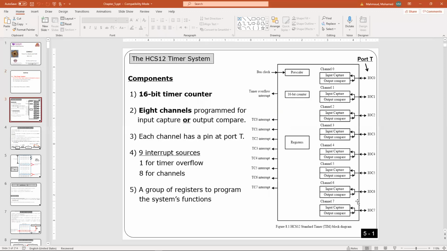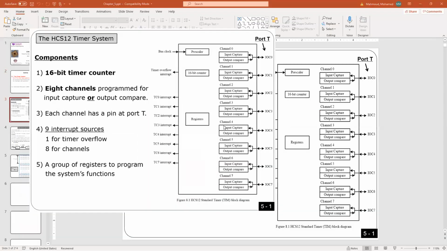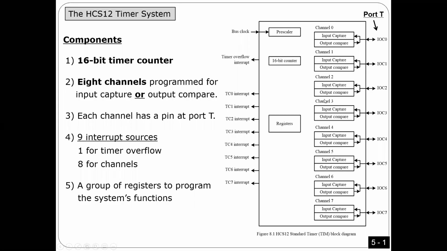Okay. So let's see. As you see here in this picture, guys, our microcontroller has a timer system. Our timer system has 8 channels, as you see here, starting from channel 0 up until channel 7.